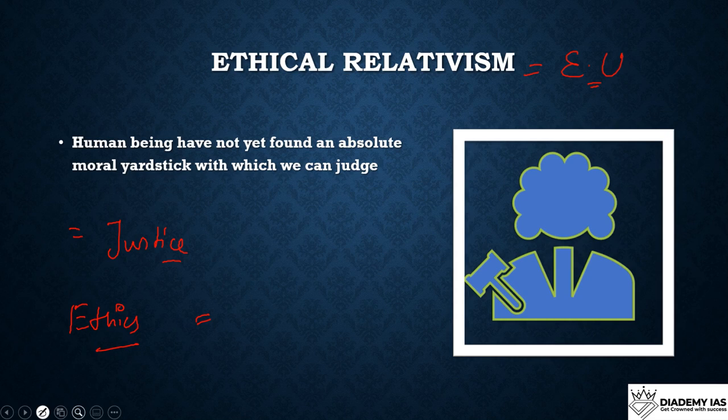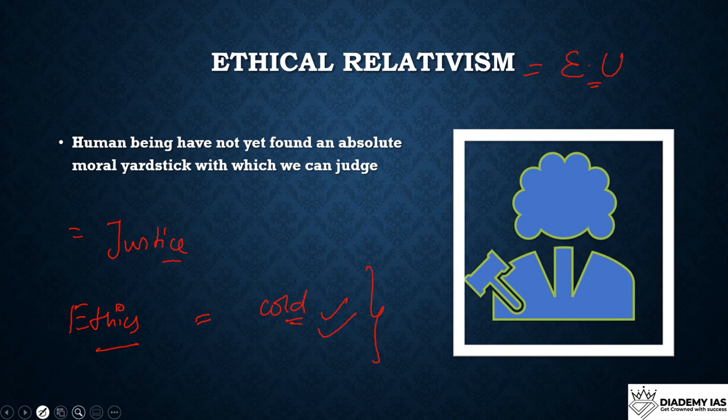Like I have taken an example of people sending their parents to cold areas. They think that it's fine. But if you think that loving your parents and taking care of them is a universal ethical principle, what will you do? You will say that they are unethical. But a relativist person will say, fine, you follow whatever you want to follow, I'm fine with it.